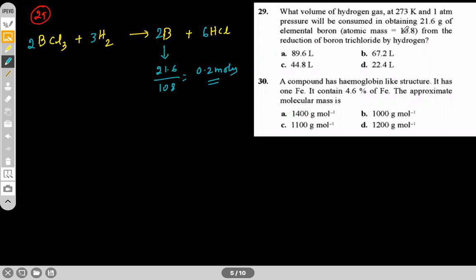So first of all, we'll find out the number of moles of H2 required for this particular reaction. So 3 moles gives 2. So for 0.2 moles, we require 0.3 moles of H2. We know 1 mole is 22.4 liter.